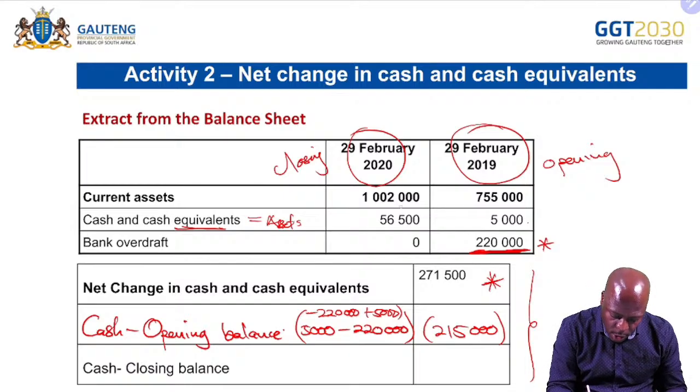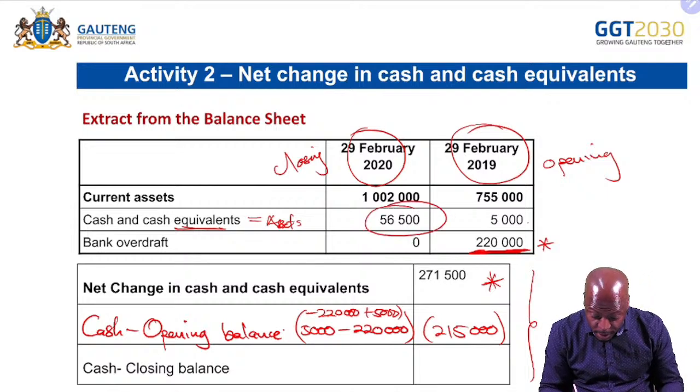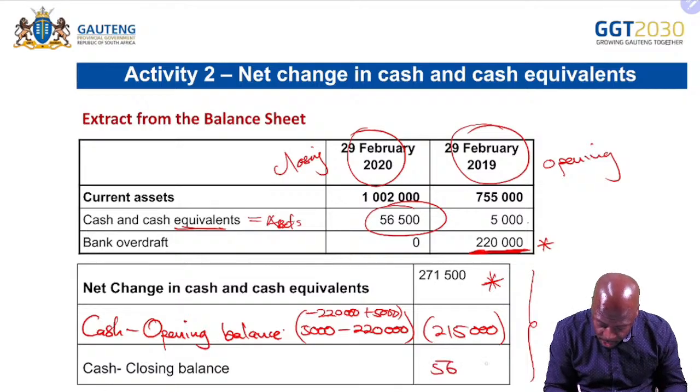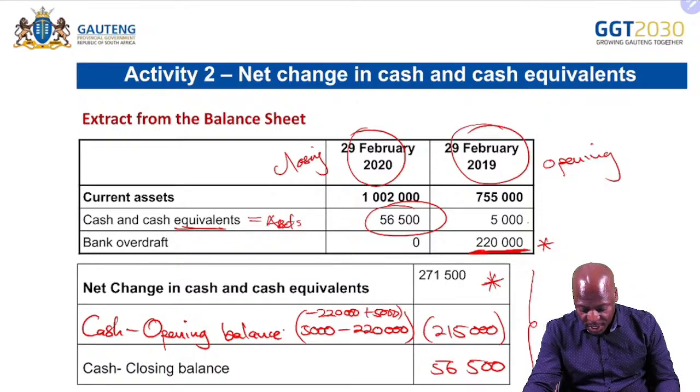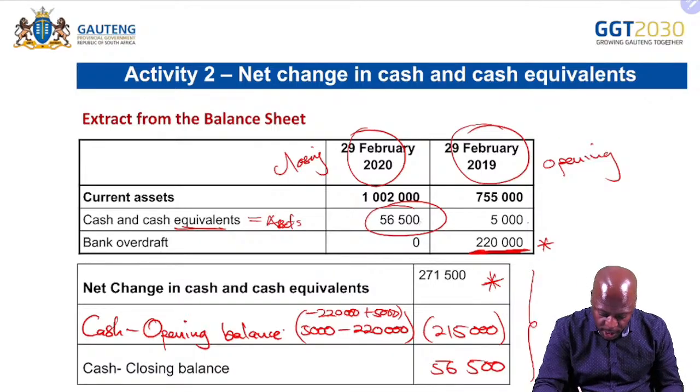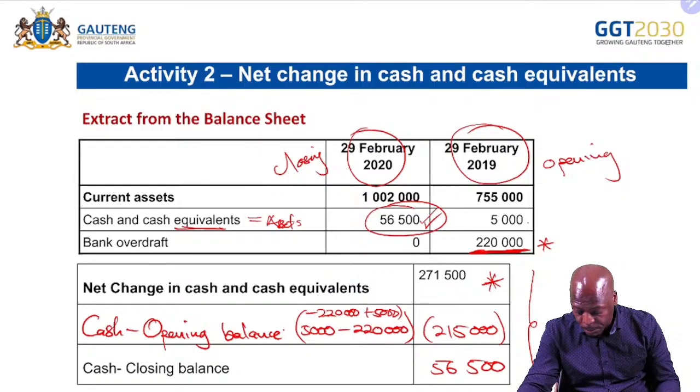You are taking your cash and cash equivalents at the end, which is your 56,500. So here's my 56,500, which is my cash closing balance, and which is given here as well.